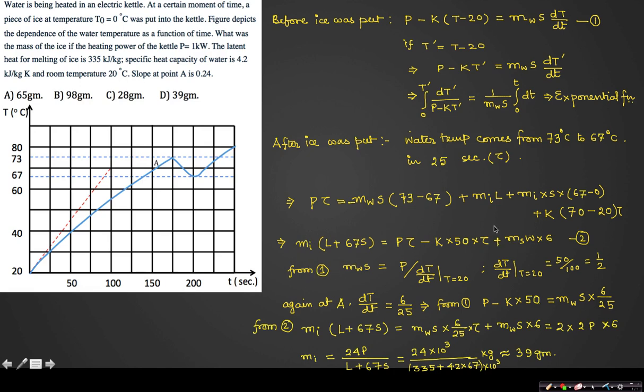So let us first go back to the first equation. If I have to calculate what is Mw into S, sorry, this should be Mw into S, right? What is the value of Mw into S?